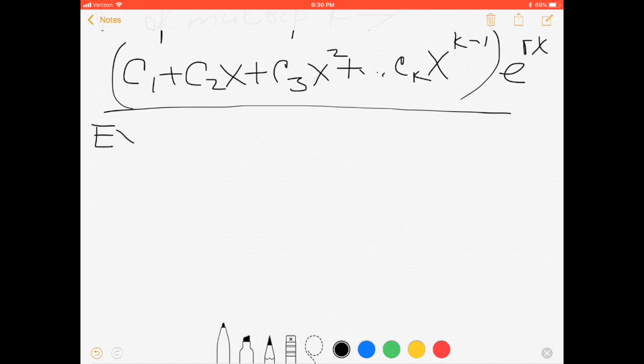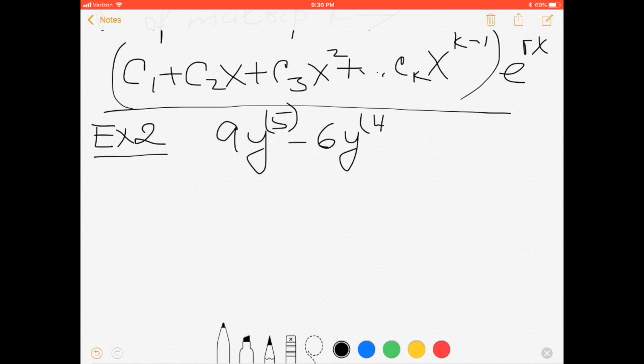Let's go, we have example number 2, and then we have 9y to the 5th derivative minus 6y to the 4th derivative plus y to the 3rd derivative equals 0.